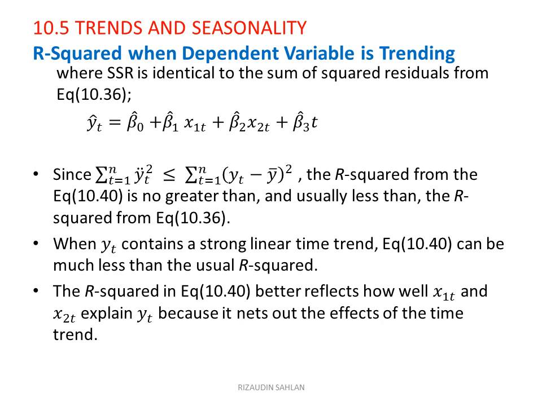That means when Y_t contains a strong linear time trend, the R square from equation 10.40 can be much less than the usual R square. So, the R square in equation 10.40 will better reflect how well X1 and X2 explain Y, because it nets out the effect of the time trend.